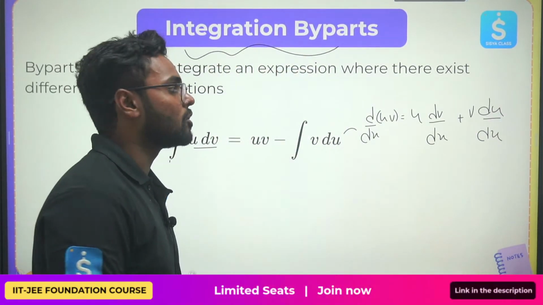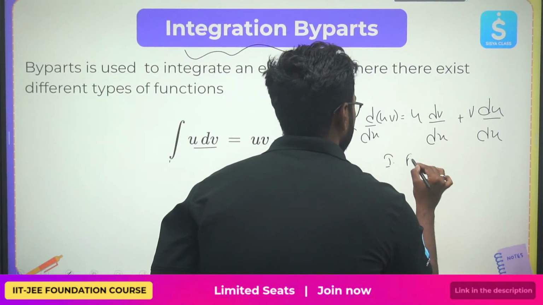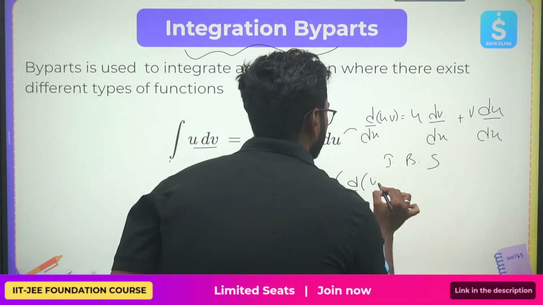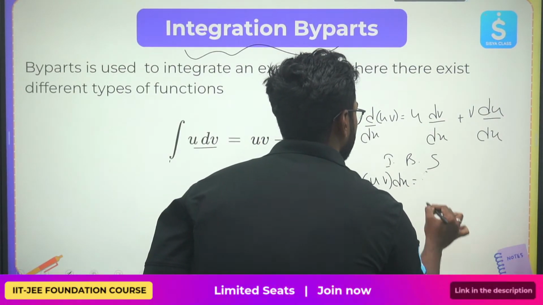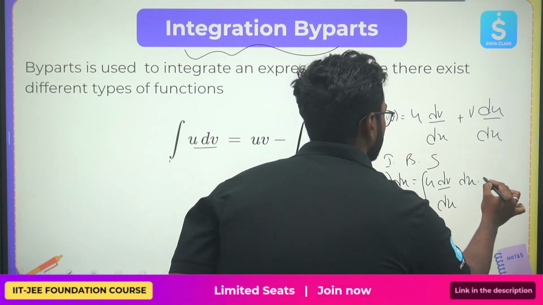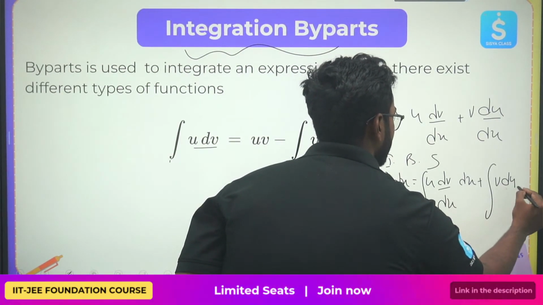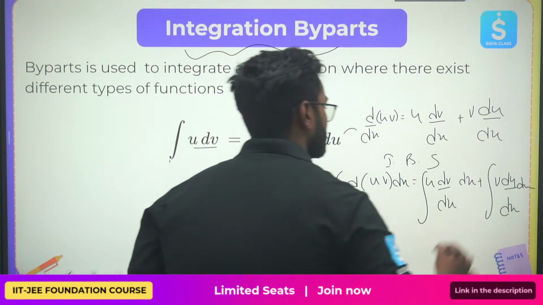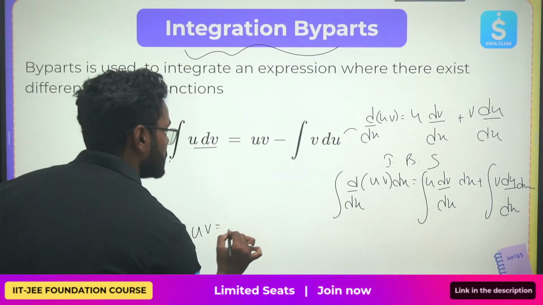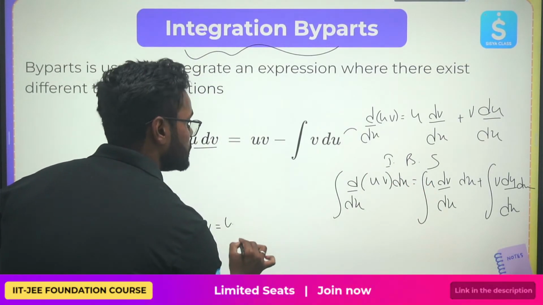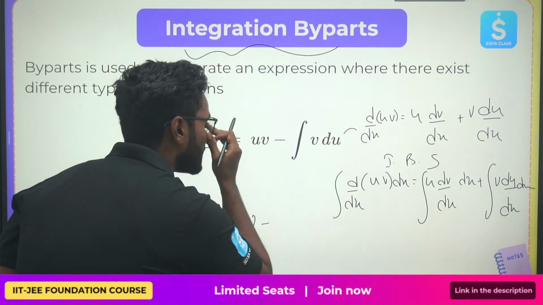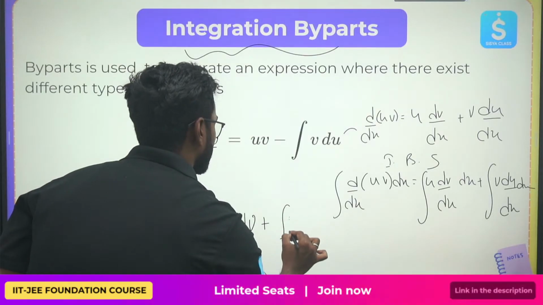Now if I integrate on both sides, uv is equal to integral of u dv by dx dx plus integral of v du by dx dx. Now if you open this, we would be getting uv is equal to integral of u dv, and we have a positive sign, so plus integral of v du.